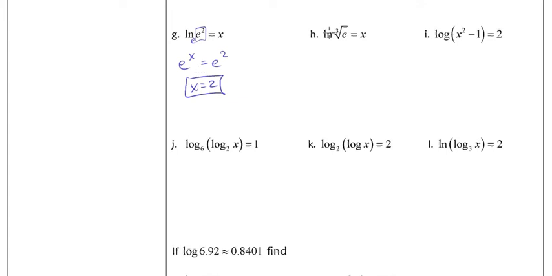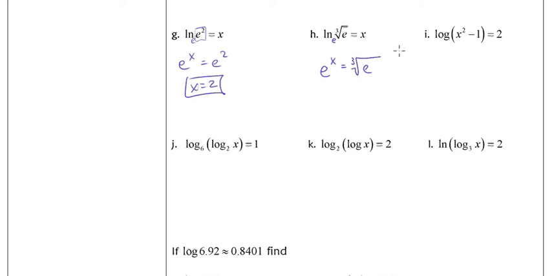All right, here we have the natural log of the cube root of e is equal to x. And so, again, remember natural log means a base of e. So e to the x power is equal to the cube root of e.